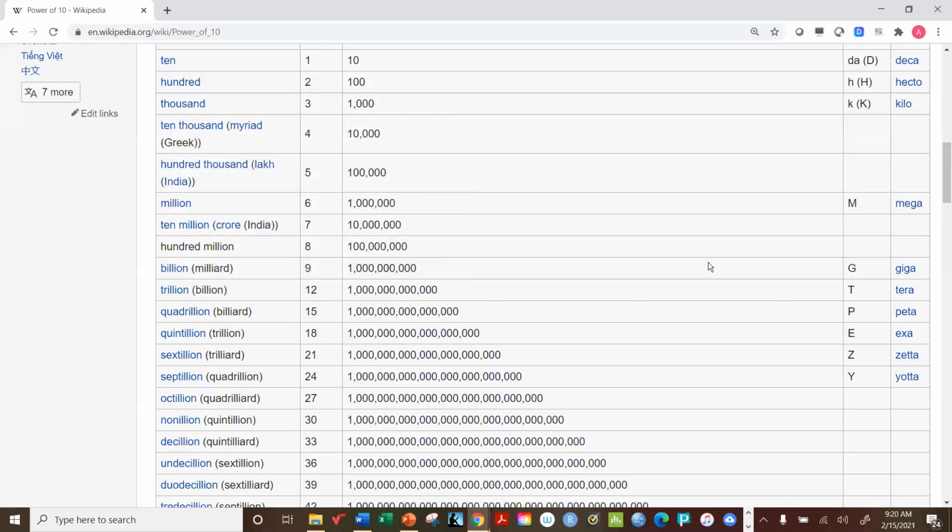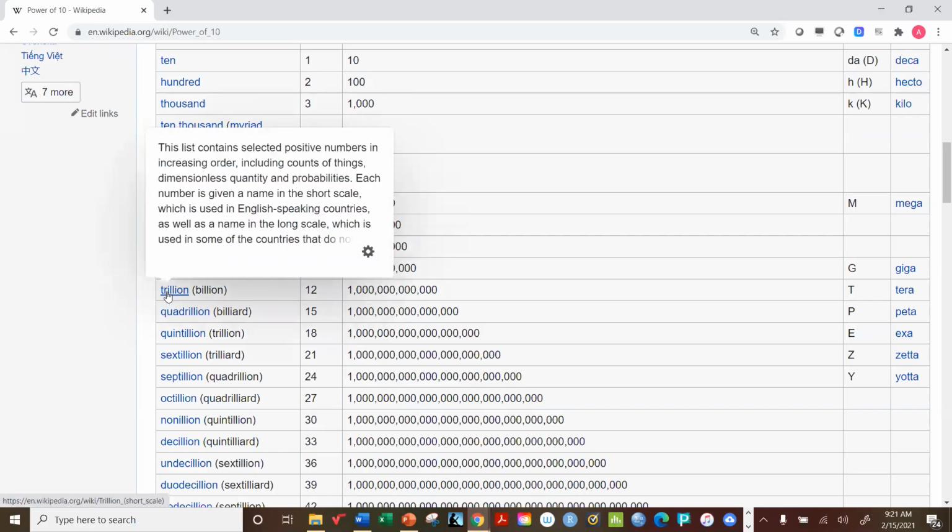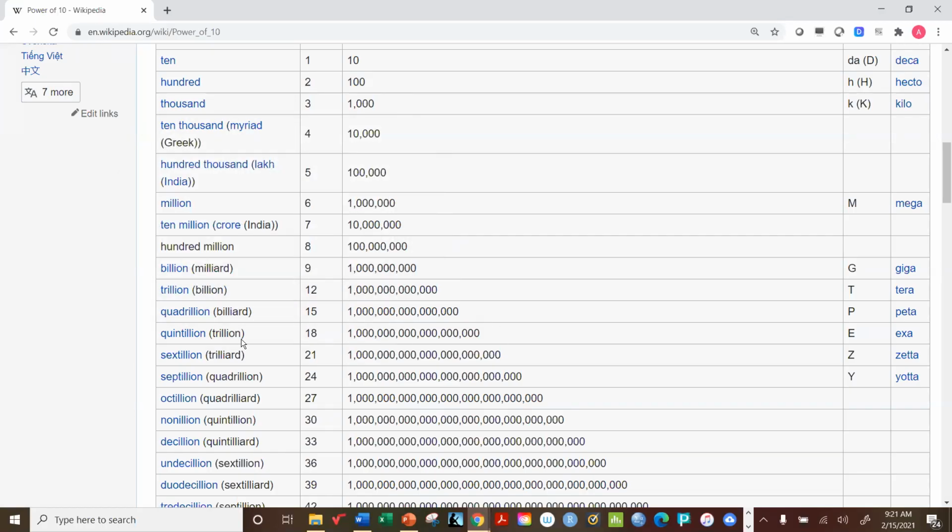By the way, it turns out that not every country uses the same notation or terminology that we do. I found this out in a very strange way. In Germany, in particular, they have slightly different names that we do not use. So their billion is our trillion, but trillion in English is 12 zeros.